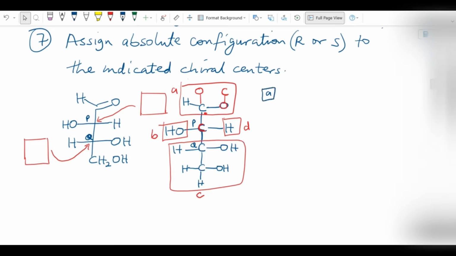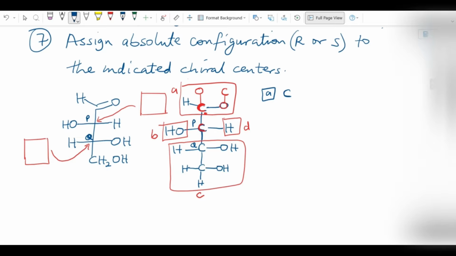So starting with A, we're going to list all the atoms in each group that are connected to the chiral center. So starting with A, the first atom that is attached to the chiral center P is carbon. So I will write the carbon first.